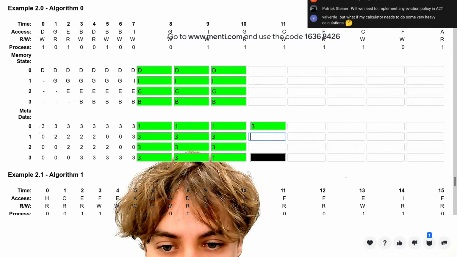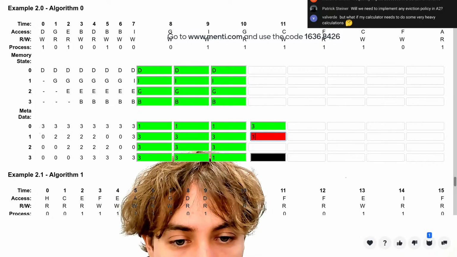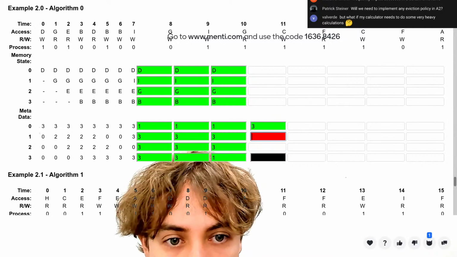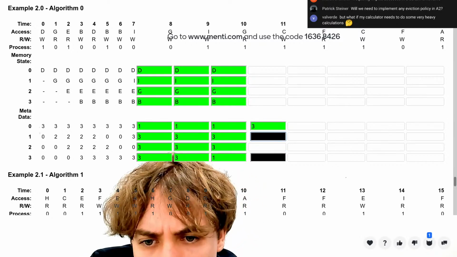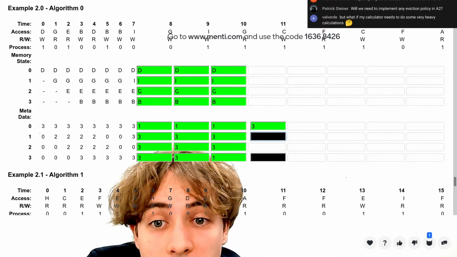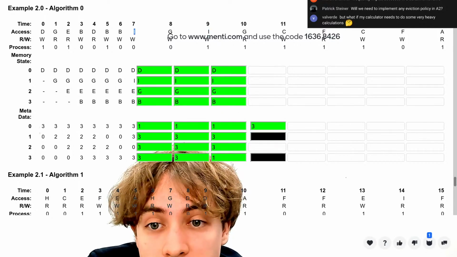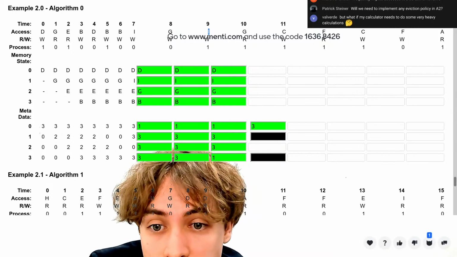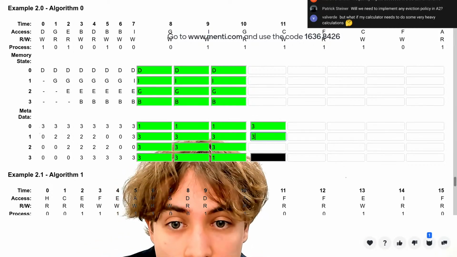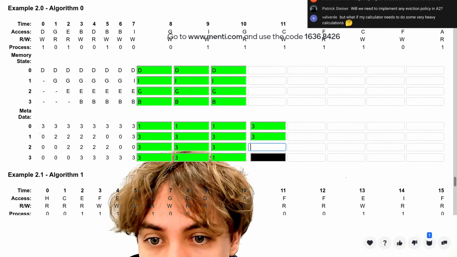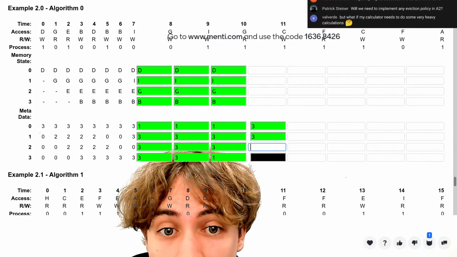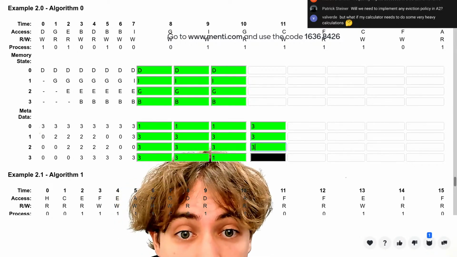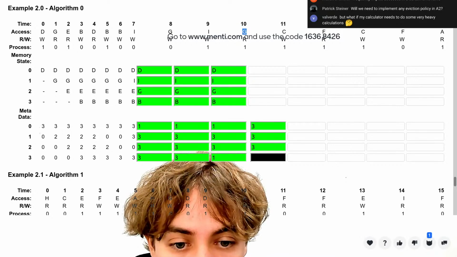This 3, 3, 3, 3, this will become a 1. Not yet. Am I wrong here? Let me check. Ah, yes, because here I was accessed another time. I need to be more careful with that. I was accessed another time here, so it stays at 3. And then offset G is still at 3 because it was accessed here the last time.